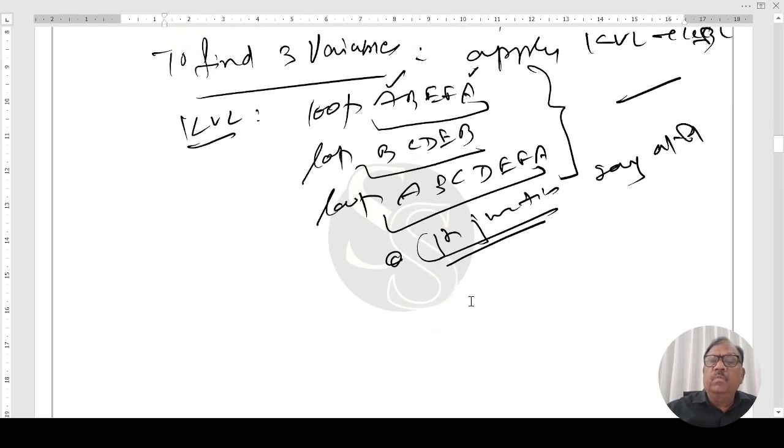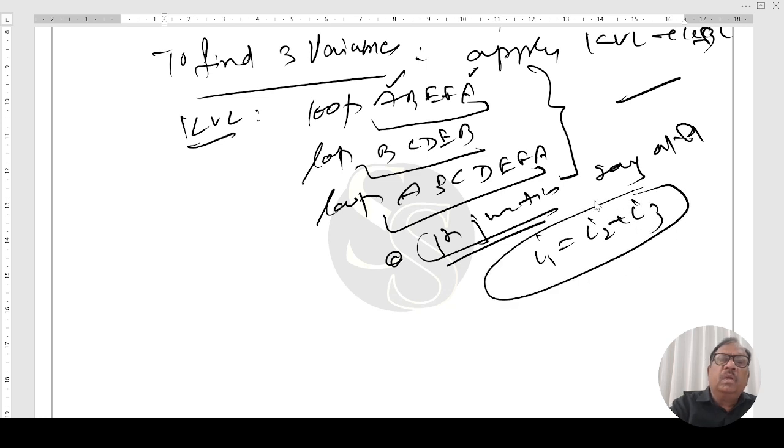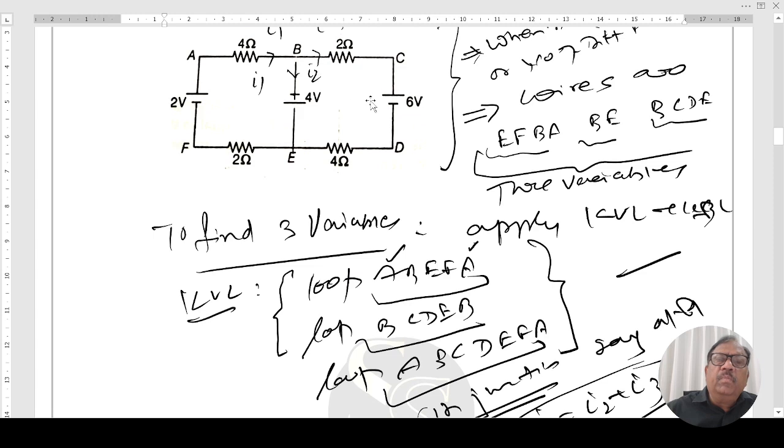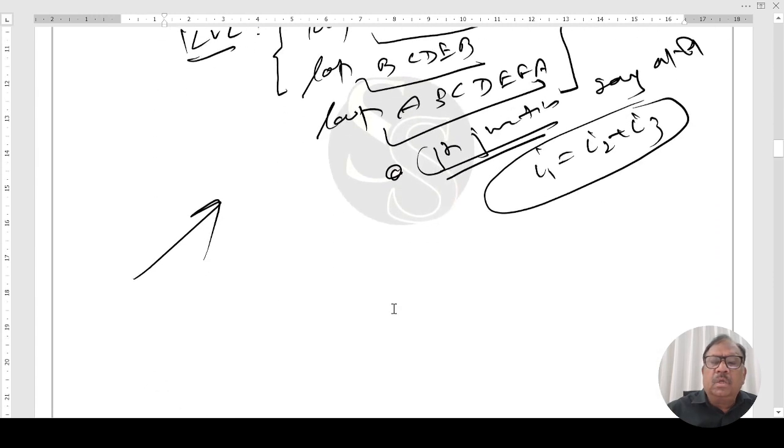I1 should be equal to I2 plus I3. One equation we get this way, and we can apply KVL to the two loops and find the current in the different branches. Now, with this same example, I am going to solve the question. Let's start with the question.